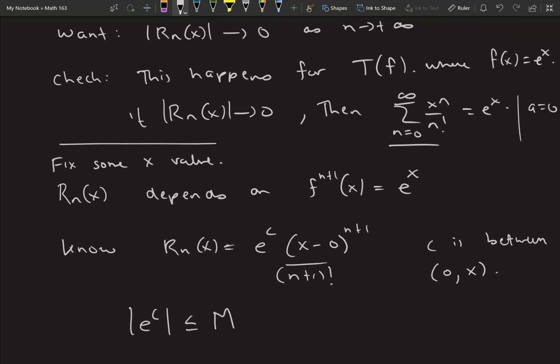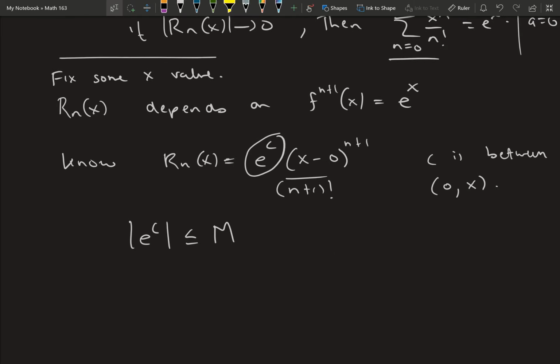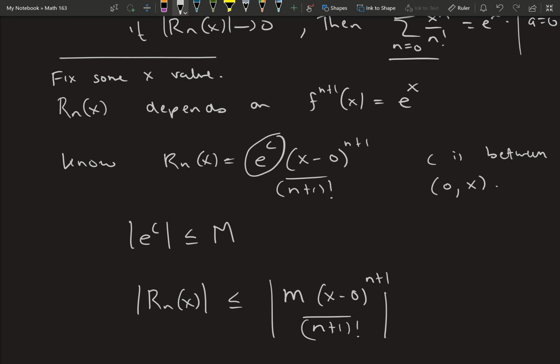Okay, so the key point is this term is bounded. So since that term is bounded, we have R sub n of x being less than or equal to m times x minus 0 to the n plus 1 over n plus 1 factorial, which is m x to the n plus 1 over n plus 1 factorial.